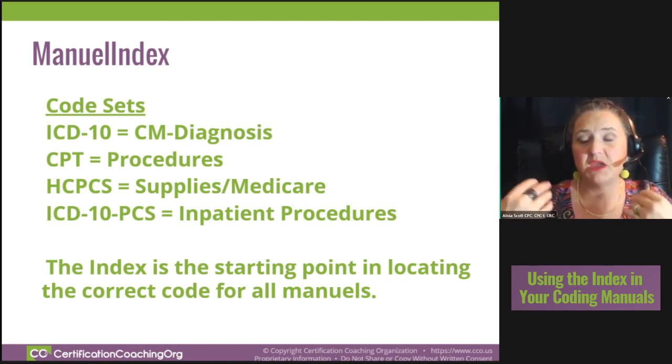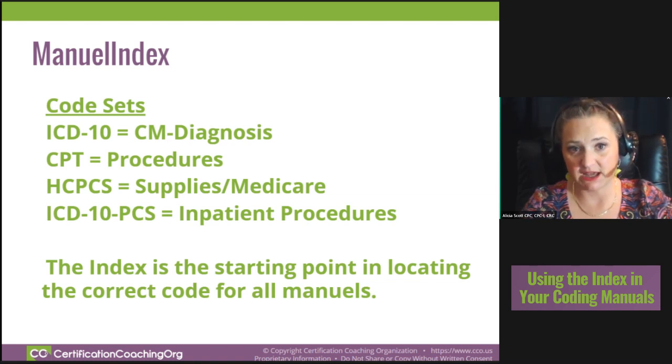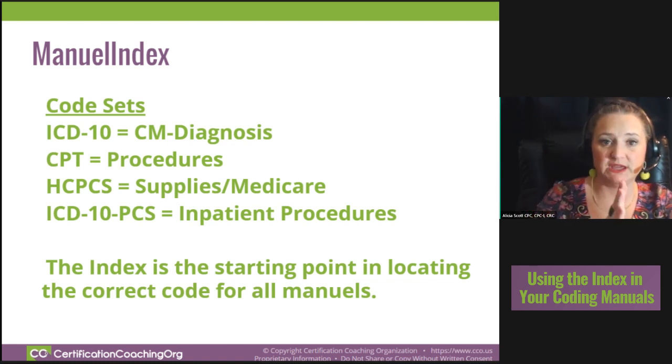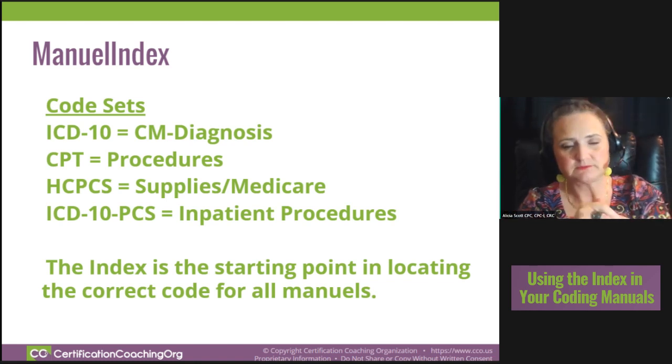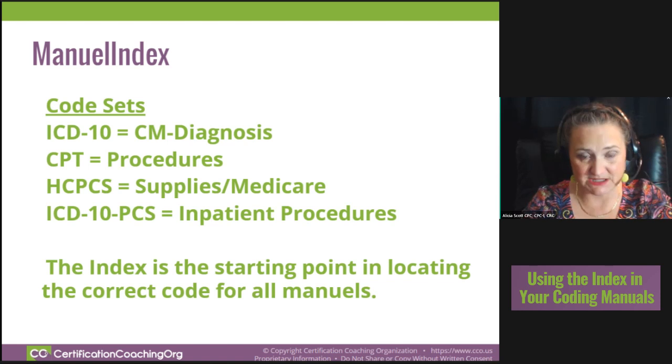Maybe in your index, there's lines showing indents, or there's extra content and more graphics and pictures in the tabular. Because again, all the code sets are free to be creative with, except for CPT, because that's owned by the AMA.